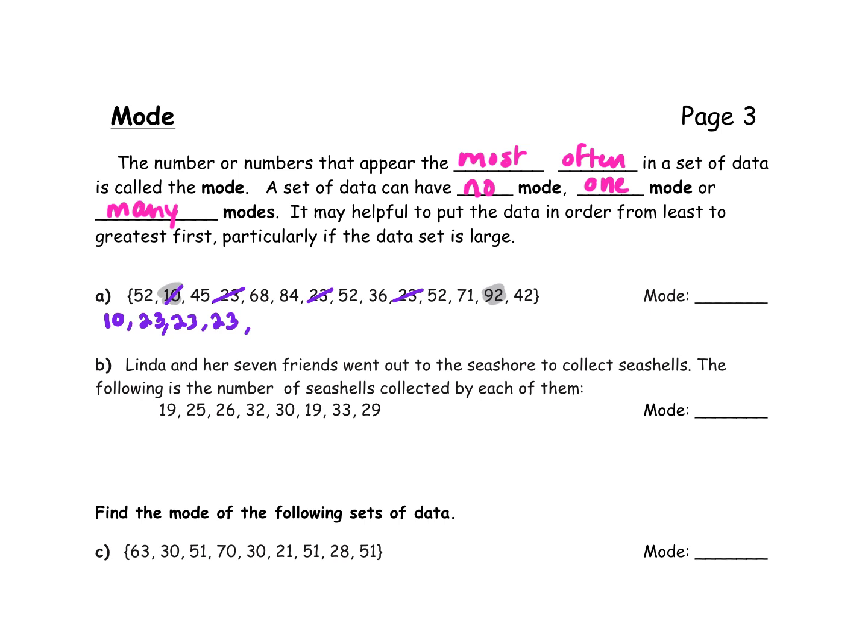The next number in order I see is 36, followed by 42, and then another number in the 40s, 45, and then there's 52, oh, and another 52, so this is looking like another good candidate for the mode, and yes, there's a third 52.